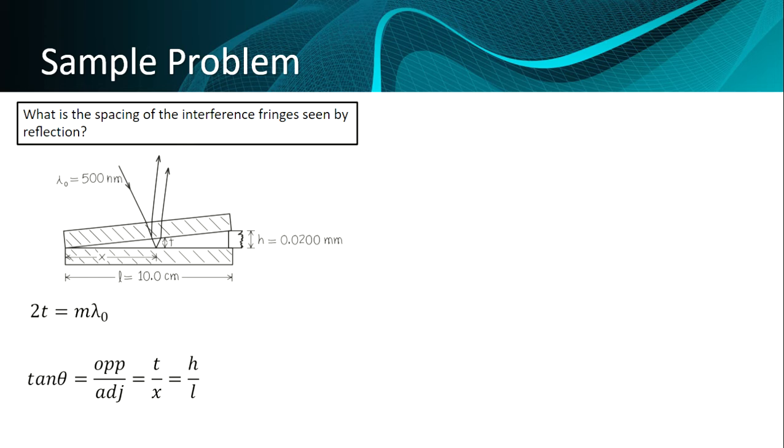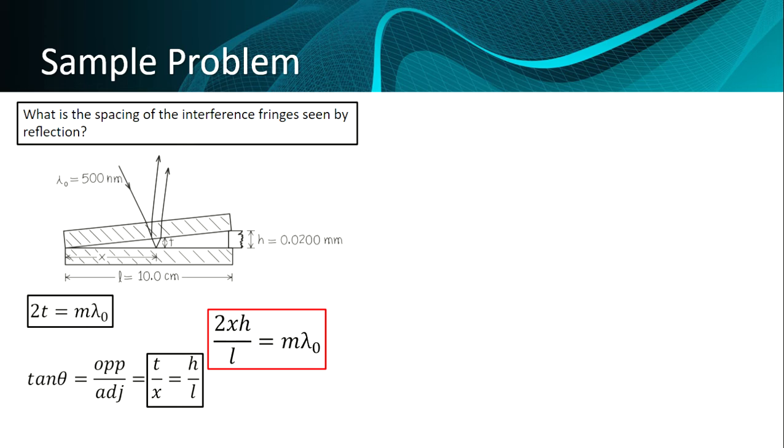Here we are dealing with a right triangle. So tan theta is equal to opposite over adjacent, which is t, the opposite side, over x, the adjacent side. So this is our x. This also is equal to h over L. So here, h and L.